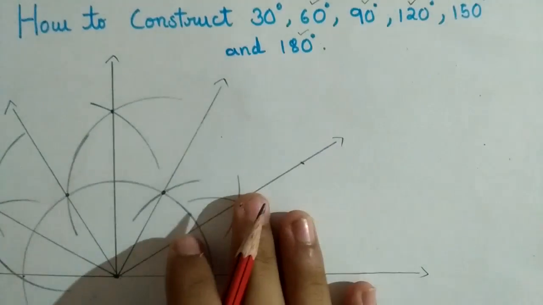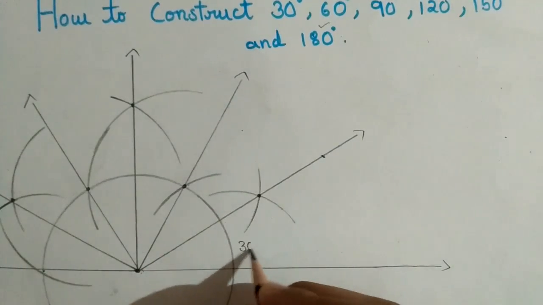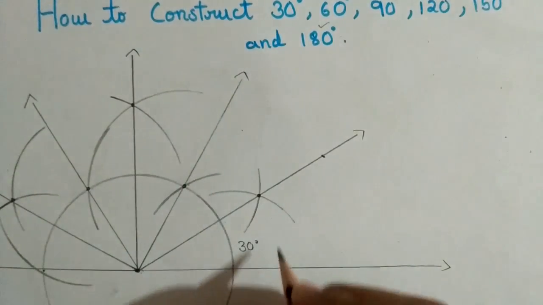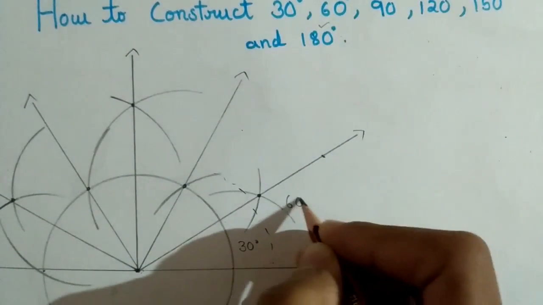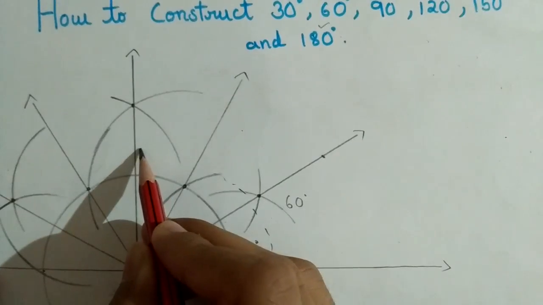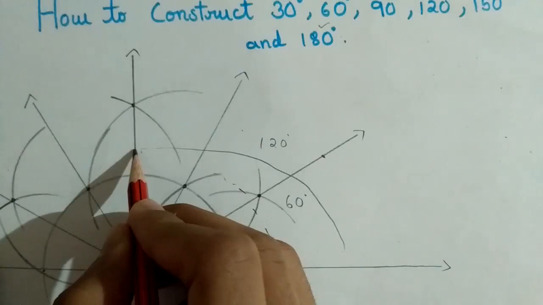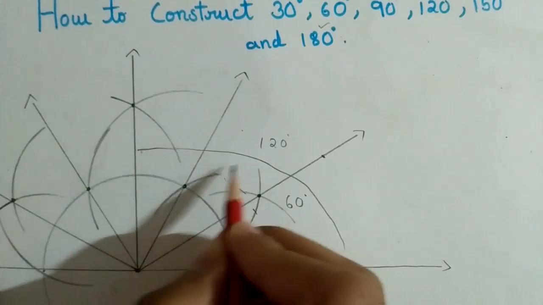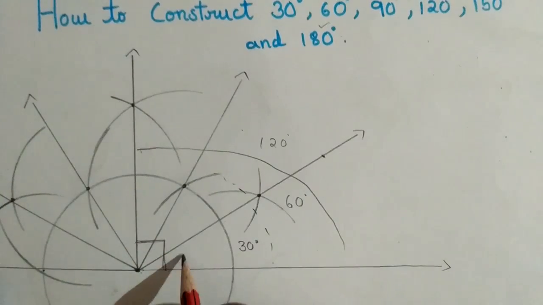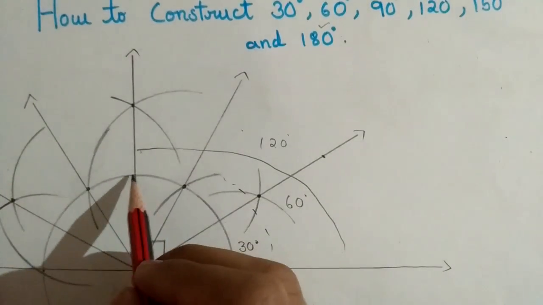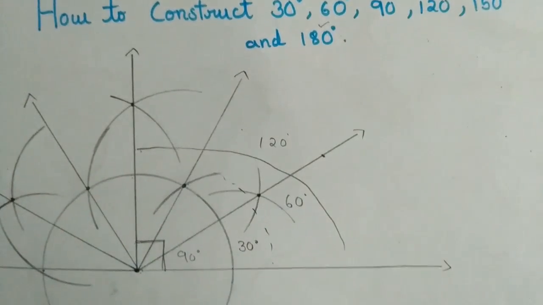So friends, these are the basics of the construction. The small angle is 30 degree, and the bigger one we have got is the 60 degree, and this one is the 120 degree, and from here it is 90 degree. So this will be a perpendicular, so this is a 90 degree, and from here to here it is 120 degree.